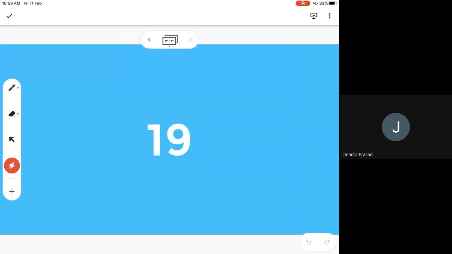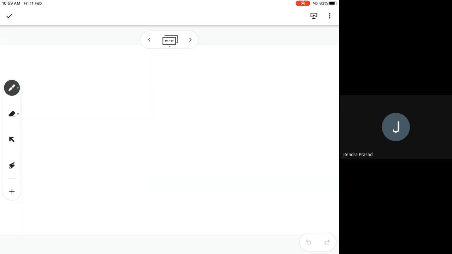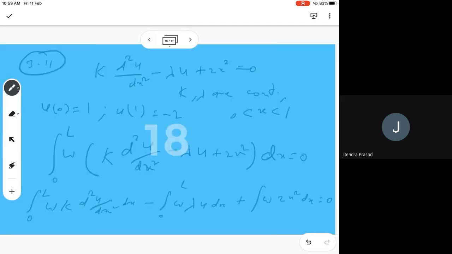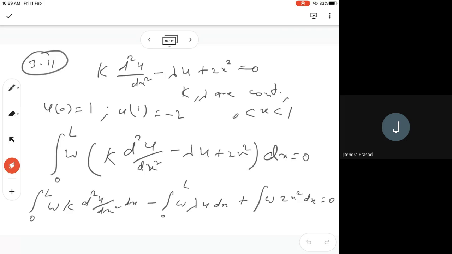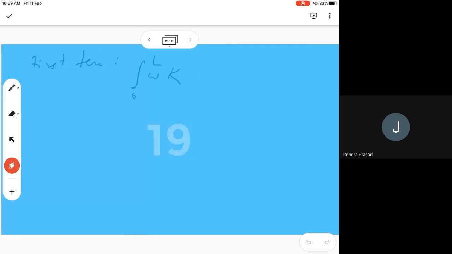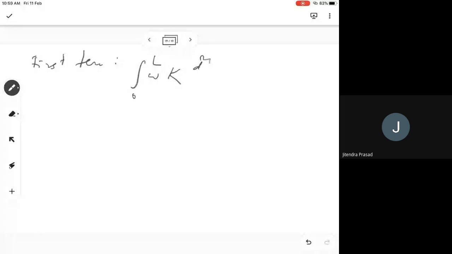So the first term is integral 0 to L of W, and then kappa, d square u dx square dx. You do it in a similar way.